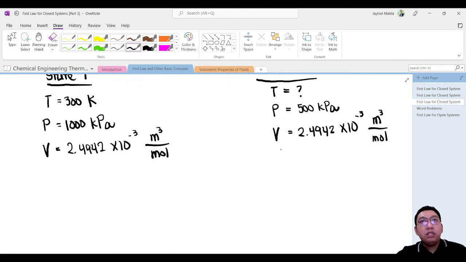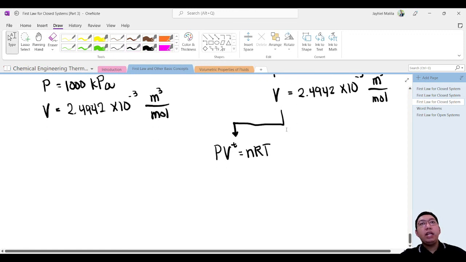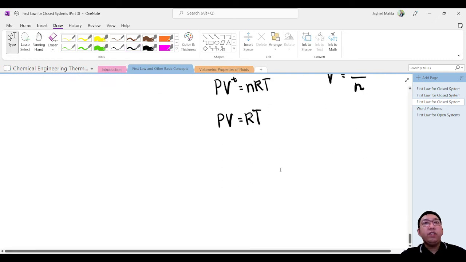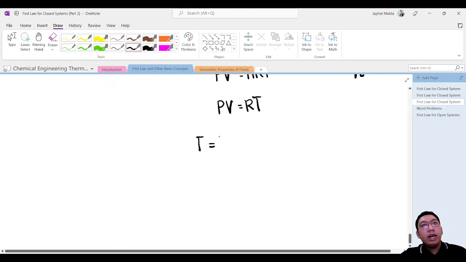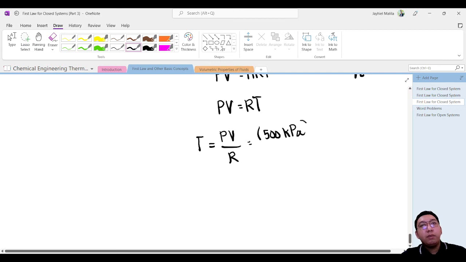So it's very easy to solve. We have the ideal gas equation, nRT. For molar volumes, V is equal to the volume over n, so we can write the equation as PV equals RT. To solve for the temperature, we have PV over R. We have 500 kPa, apologies.